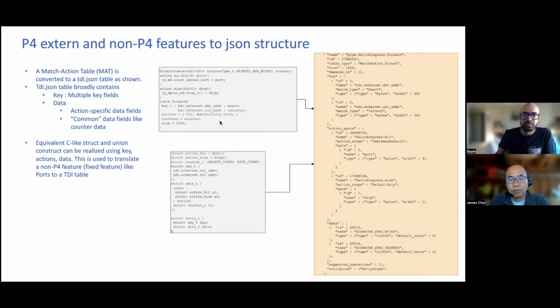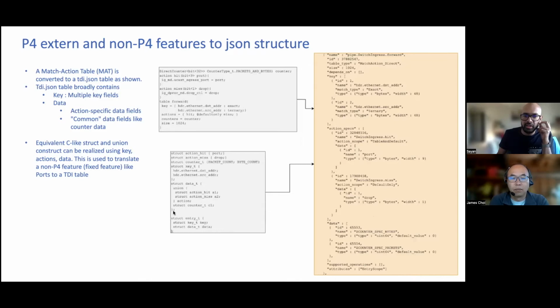Essentially, this TDI table will allow users to program entries, and each entry consists of key and data. So key is simply these fields. Data consists of the action specific fields plus all the common data fields. An equivalency like struct and union construct can also be imagined here.